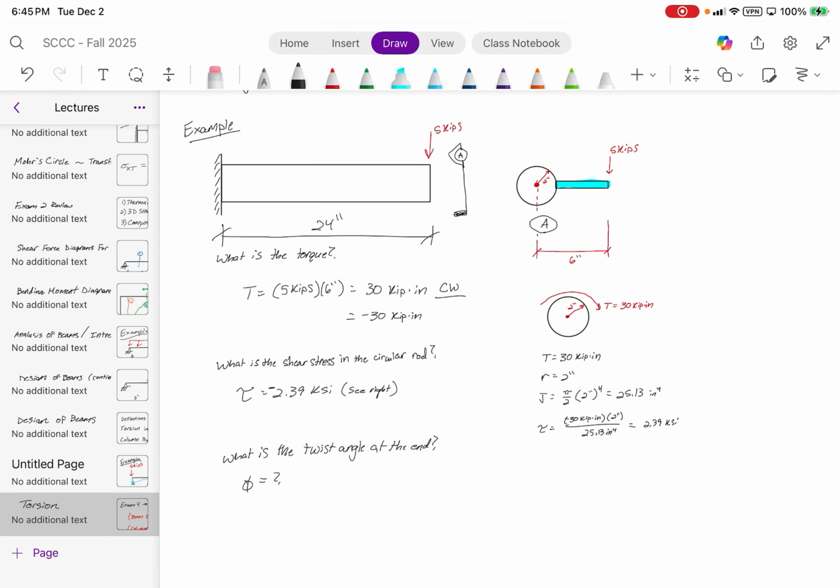This is where some of you might get tripped up. Oh, I forgot to mention, you need a material. Let's assume this is, I don't know, let's say A36 steel, just to keep it simple.